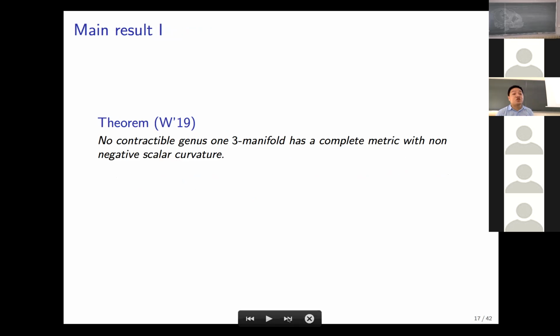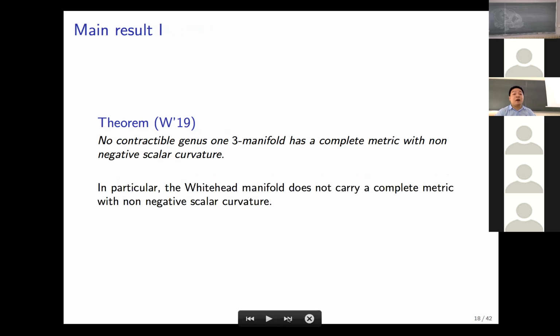Okay. We use minimal surfaces to show that no contractible genus 1 3-manifold has a complete metric with non-negative scalar curvature. In particular, the Wang manifold does not have a complete metric with non-negative scalar curvature.